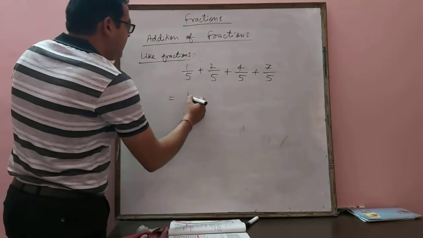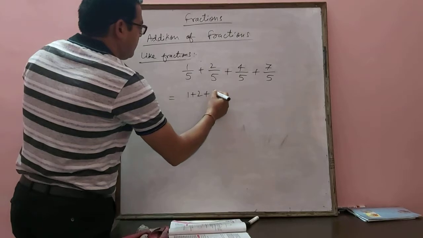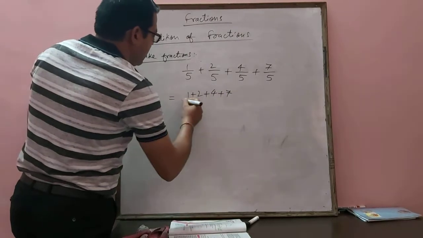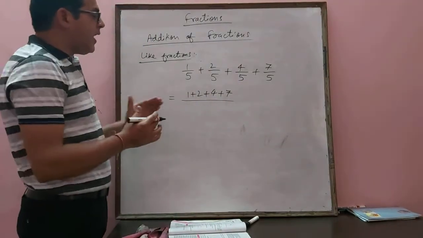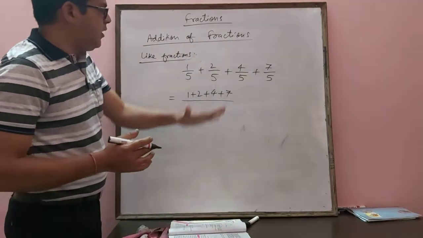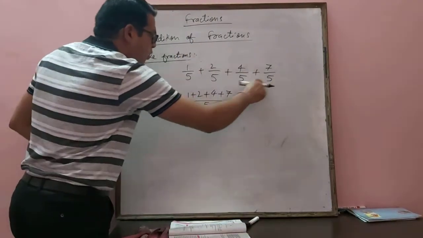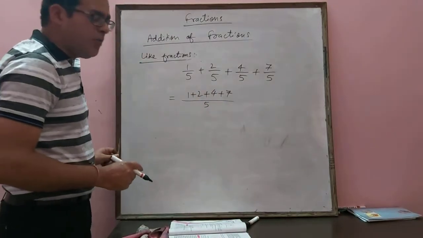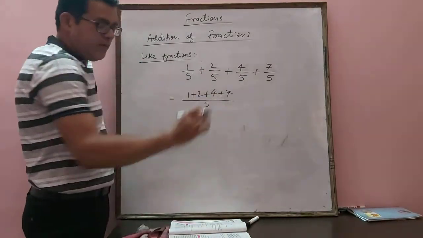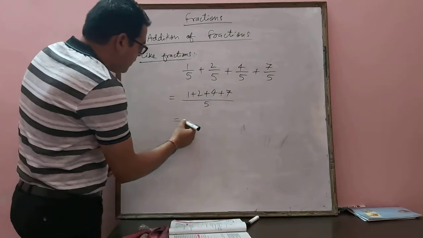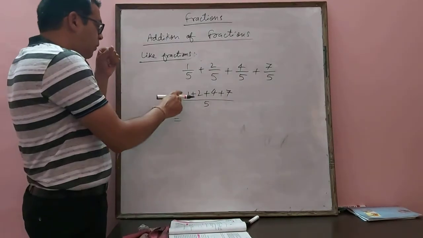We can add their numerators together, without any calculation. And since all have 5 as a denominator, we write it as constant. Now add all these together.